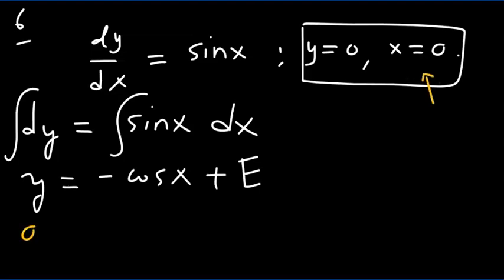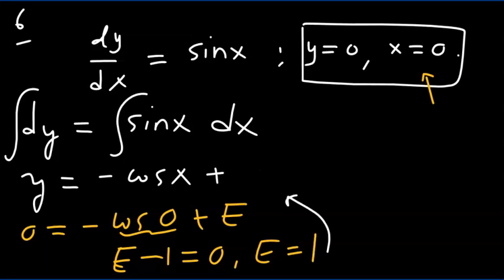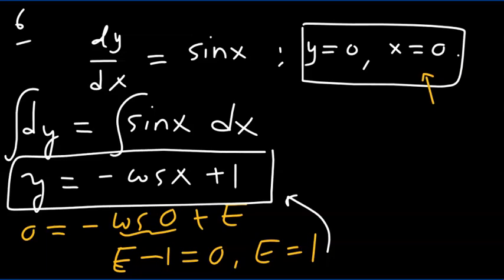When y is 0, x is 0. Or when x is 0, y is 0 minus cosine 0 plus e. Cosine of 0 is 1. So you see that e minus 1 is 0, or e is just 1. So our particular solution is this.